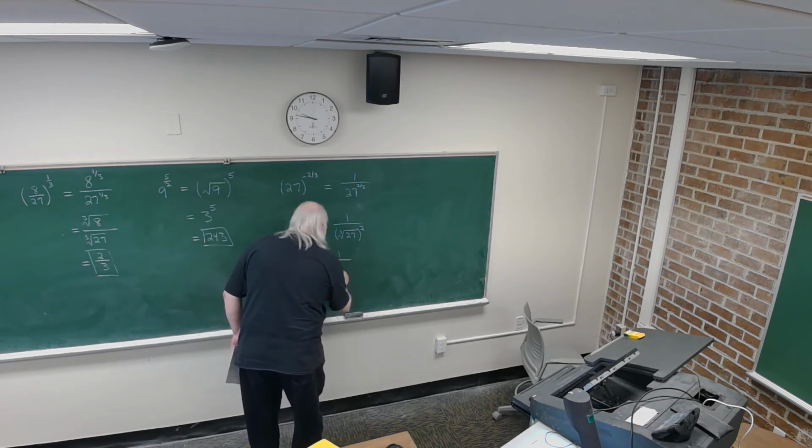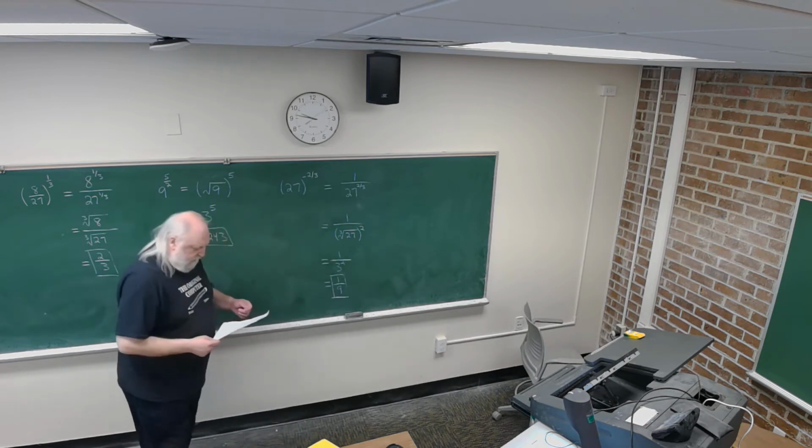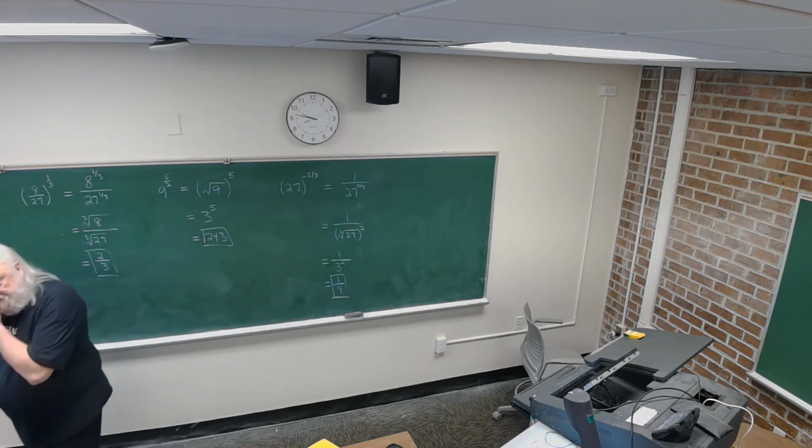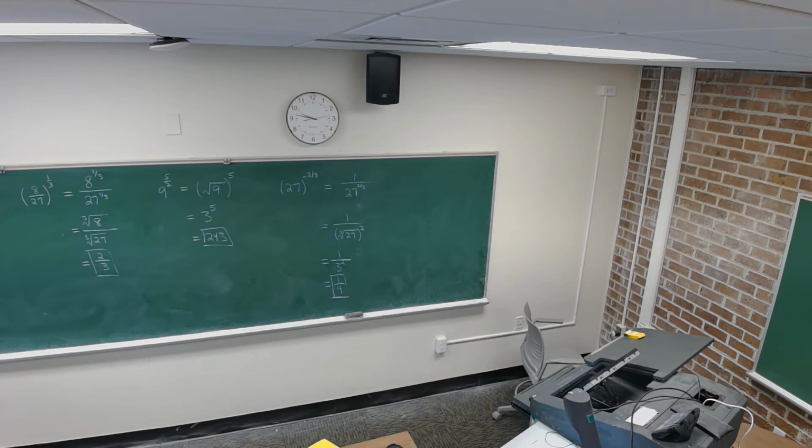So this is 1 over 3 squared, and that's equal to 1/9. Okay? So that's an application of the rules of exponents. Any questions on that?